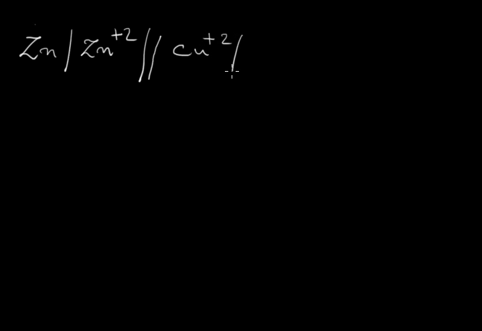And the construction of the cell is like that. Anode is written on the left hand side, so Zn | Zn+2. This is anode compartment, and a double stroke indicates anode is completed. Cu+2 | Cu. This is called cathode and this is called anode.